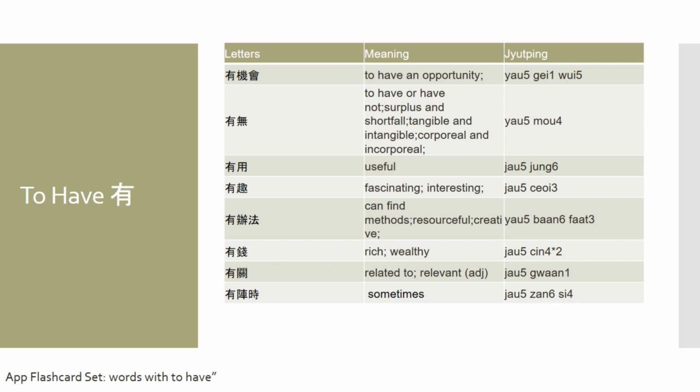Now, if I want to say rich or wealthy in Cantonese, then I could say 有錢,有錢. If I want to say related to or relevant in Cantonese, then I could say 有關,有關. And if I want to say sometimes in Cantonese, I could say 有陣時,有陣時.